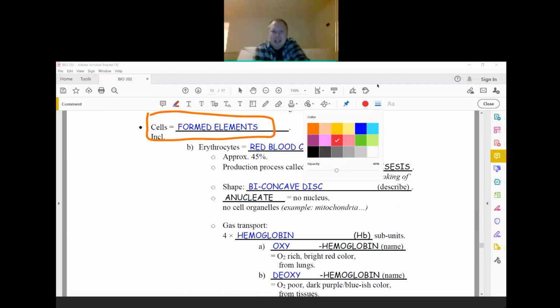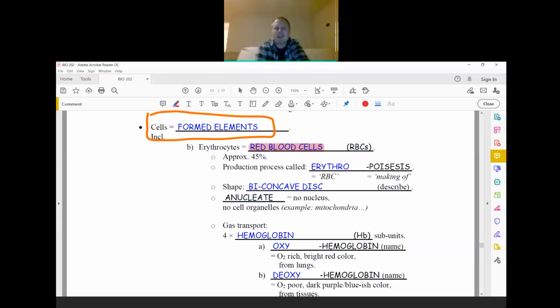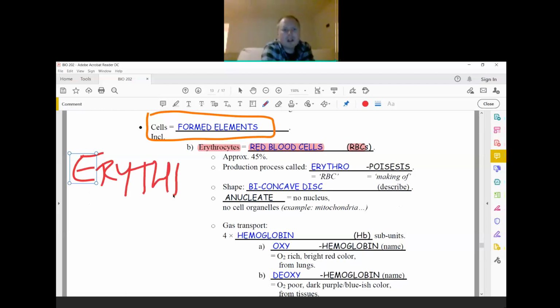So that's just an abbreviation for the red blood cells. But really, that's not the scientific name for this. The scientific name for red blood cells is erythrocytes. So that would be something to know. Erythrocytes is the scientific name for the red blood cells.